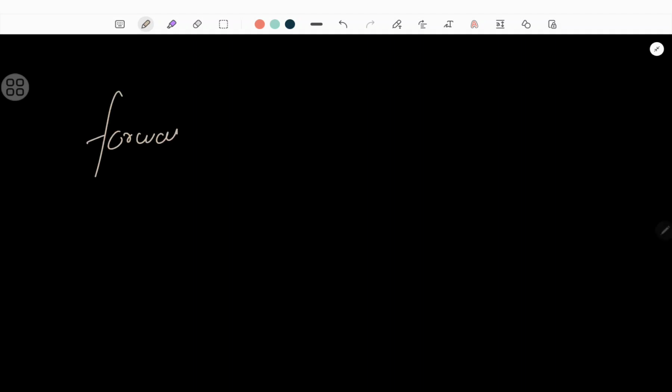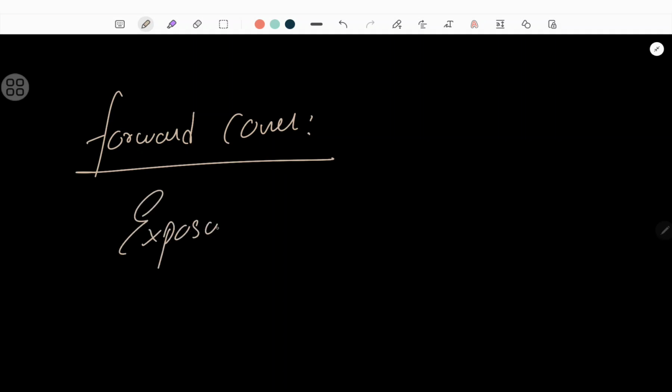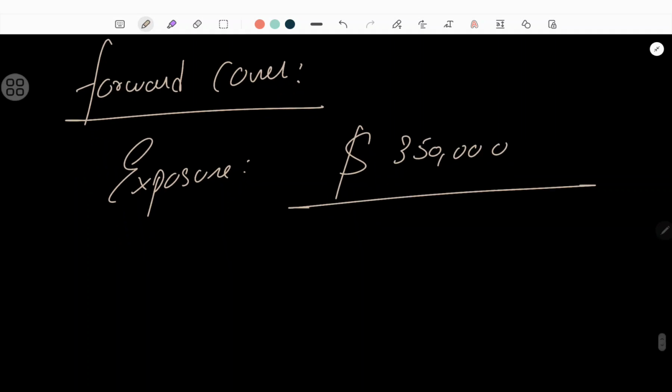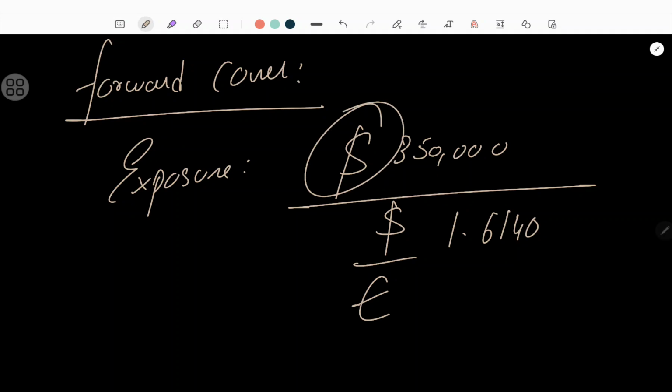Forward cover. Exposure is $350,000 and the rate was dollar by pound 1.6140, right? The reason why I have divided it is because the exposure is in dollars and my quote is a pound quote.